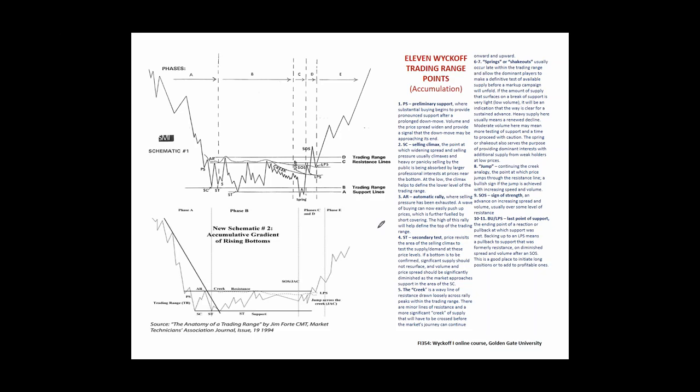Because the one thing about large interests, the composite operator, this collection of very wise traders and investors, is that when they enter the market, we can see them because the volume expands dramatically.